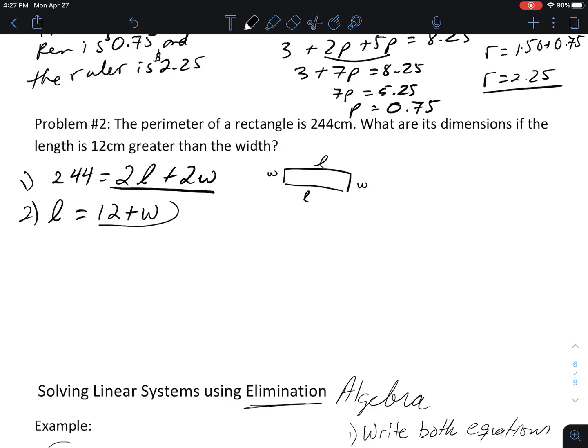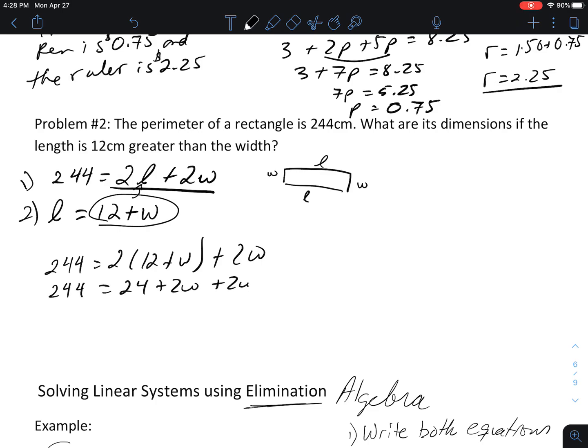And the second one is the length is 12 more than the width. And again, here I'm set up to do substitution. So I might substitute this into there for L. So 244 is 2L plus 2W. 24 plus 2W plus another 2W is 24 plus 4W.